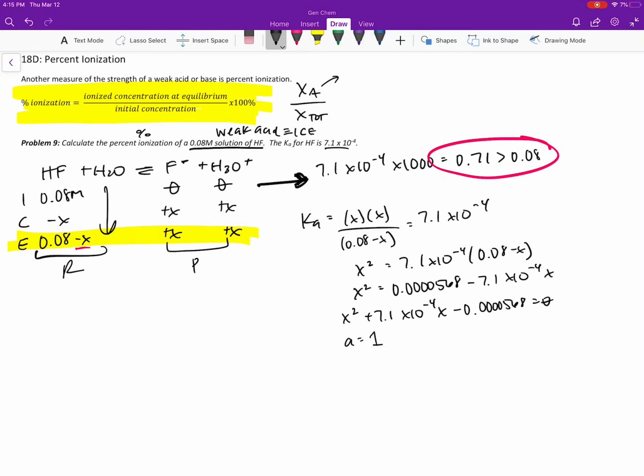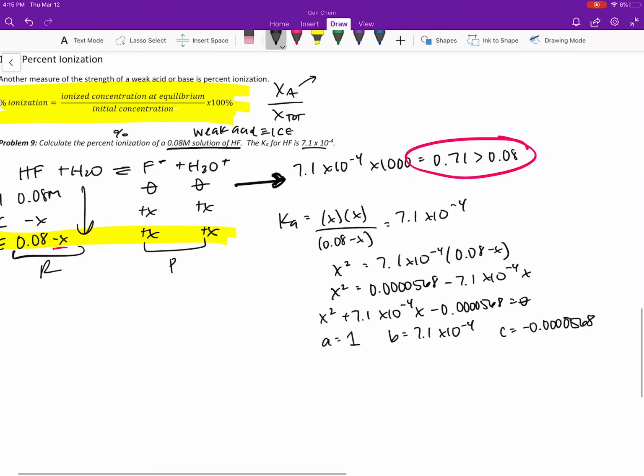So my A is going to be equal to 1, my B is equal to my Ka, and my C is equal to negative Ka times my initial concentration. Okay? So if you had moved everything to the right-hand side, A would be negative, B would be negative, and C would be positive. So all the signs are just opposite, but it doesn't make any difference in your final result.